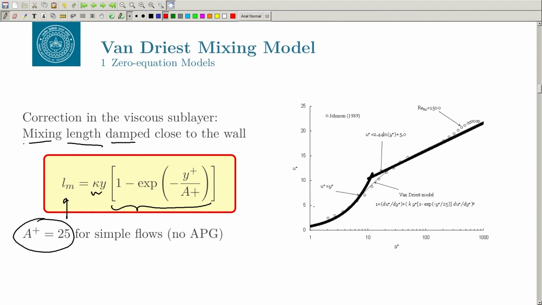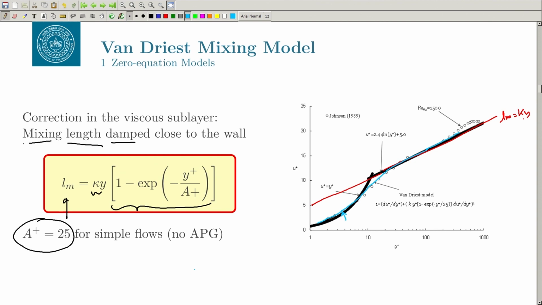So you can see here in the diagram. This is the diagram of Lm equal to kappa y. And the diagram by Van Driest, let me use another color, follows the profile not only in the log law region, but also in the viscous region. It is very close to Spalding's model that we have talked about.